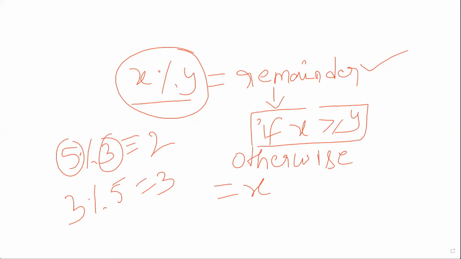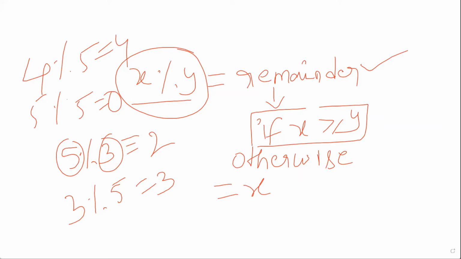Means if you apply 4 modulus 5, then the result will be 4. If I apply 5 modulus 5, x is greater than or equal to y, so the remainder will be 0. Why? Because 5 1s are 5, remainder is 0. So this you should keep in mind when it comes to the percentage operator. You should check whether x is greater than or equal to y or not.